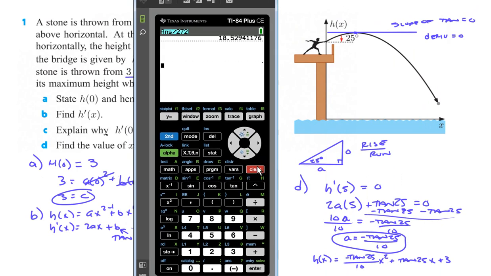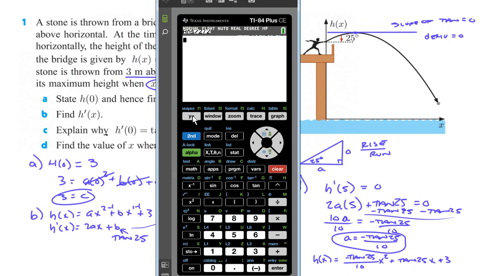Okay, so here's what we're going to do. We're going to do y equals, and put this lovely equation in here. I'm going to put this in as a fraction, so I'm going to do alpha y equals, which should give me my fraction piece, and it does.